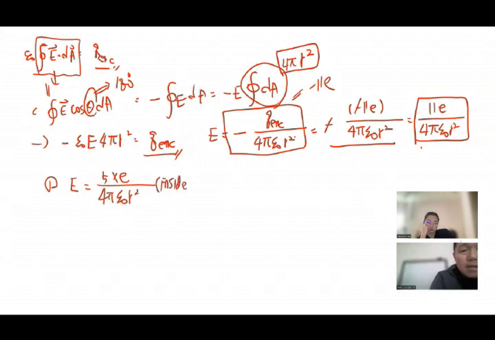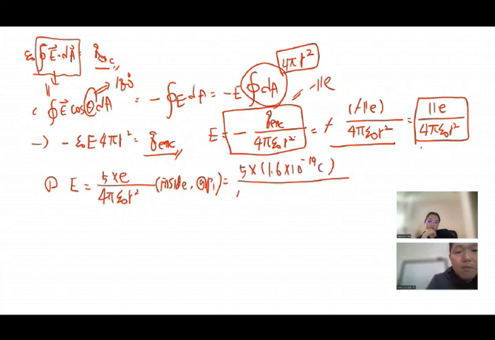inside, at P1. Now we plug all the values into this formula: 5 times e, 1.6 times 10 to the minus 19 coulomb, divided by 4 pi, 8.85 times 10 to the minus 12 coulomb squared per newton per meter squared.